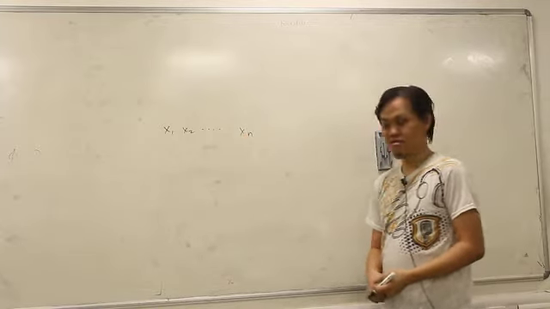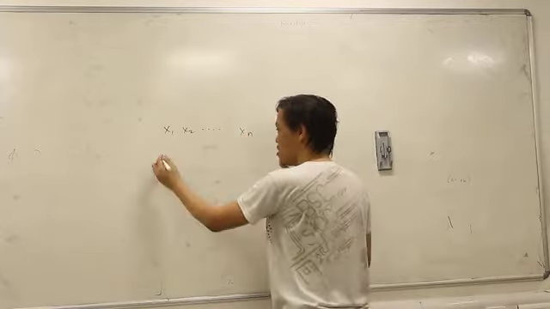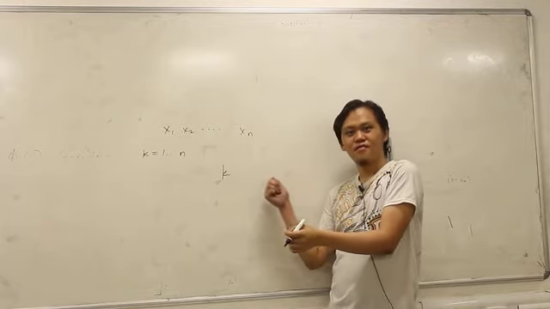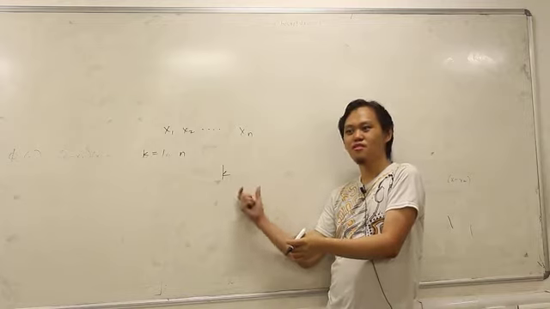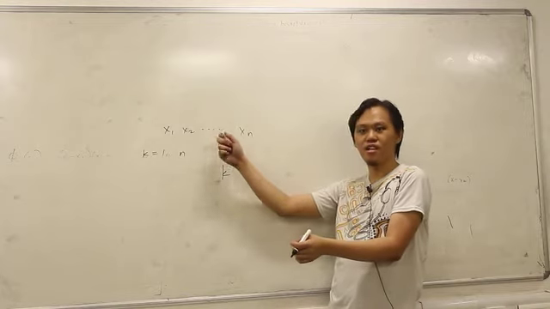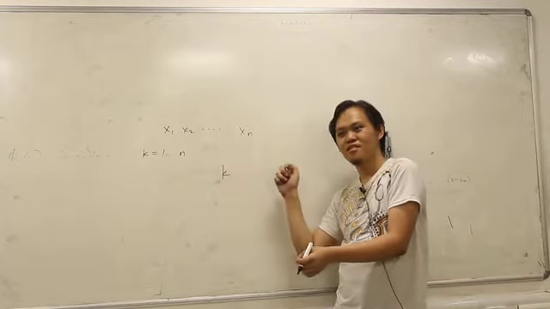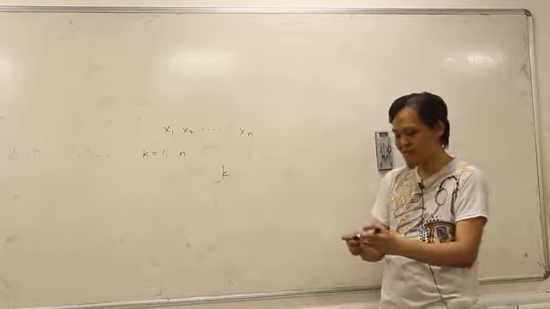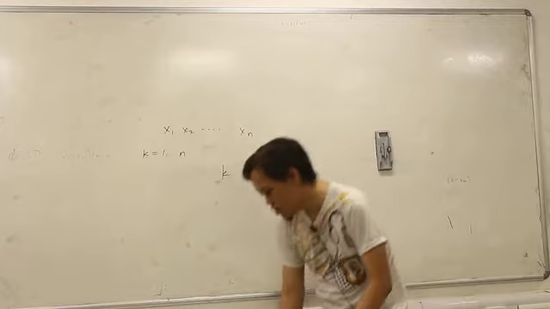And your goal is, for each k from 1 to n, first find all the k-tuples of distinct elements from this array, and then find the sum of the products of all those k-tuples. That's the problem, and everything modulo some prime.